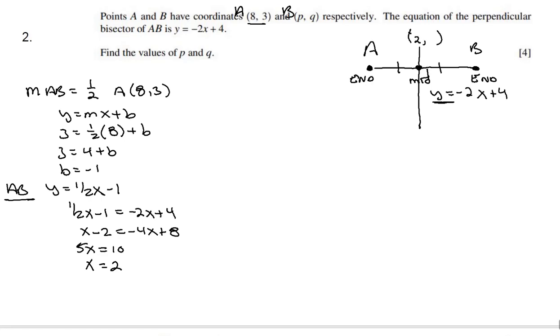Now, what I need to do is figure out the y value, and I can take either one of these points. Let's go ahead and use this one. So negative 2 times 2 plus 4, and that's going to give me a value of 0. So that point is 2, 0. And this end is 8, 3. And this is PQ.